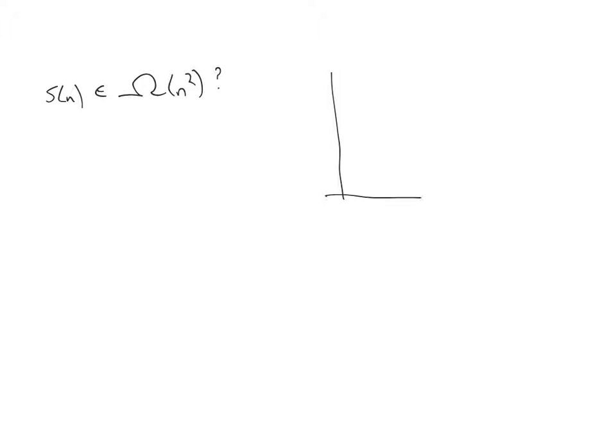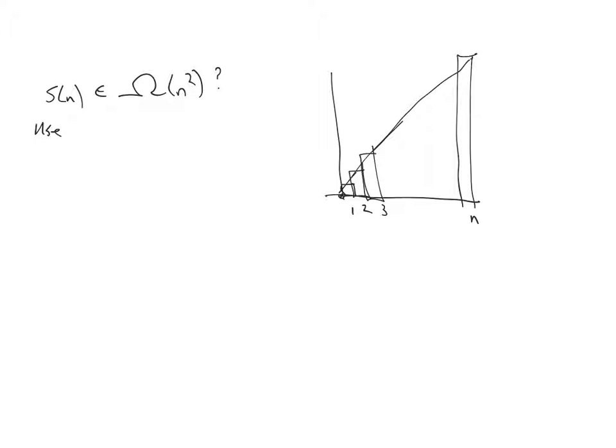And to get the lower bound, we've got this rectangle, and this rectangle, and this rectangle, all the way up to this last rectangle. So the right-hand edges of the rectangles are there. All right, so it's pretty clear that this function, so we're going to use the function f of x is equal to x. So here's the function f of x equals x. It hits 1 at 1, 2 at 2, 3 at 3, up to n at n.